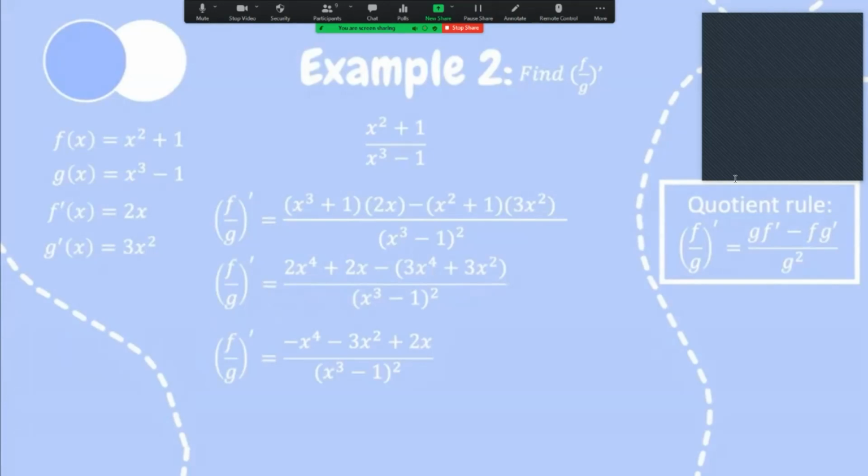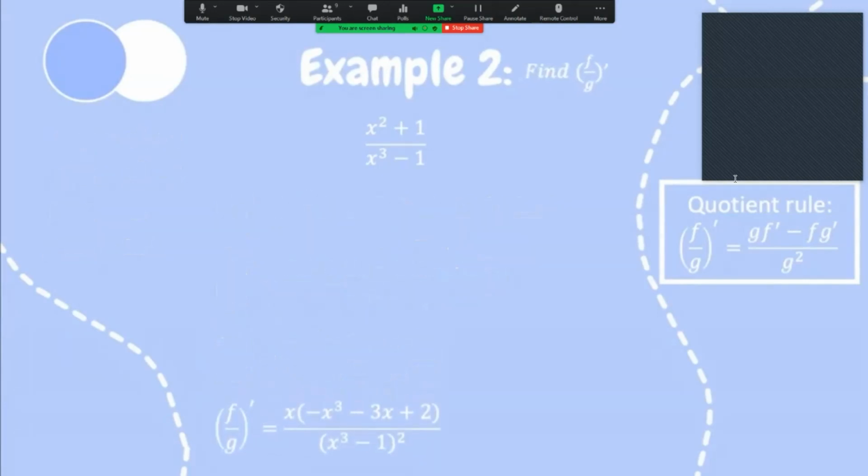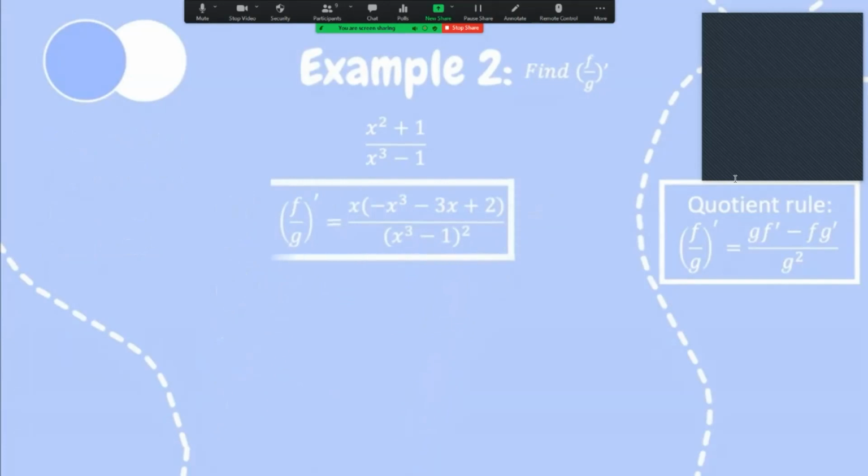And then you can factor x out of it. So the final answer is x times minus x to the third minus 3x plus 2, divided by x to the third minus 1 squared.